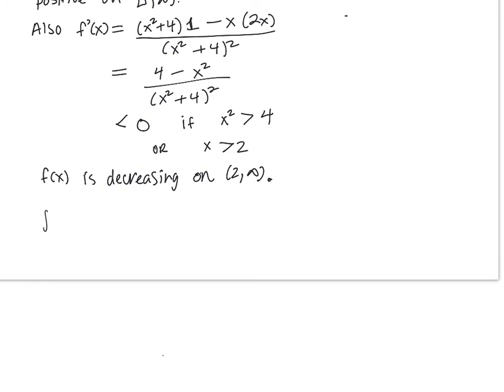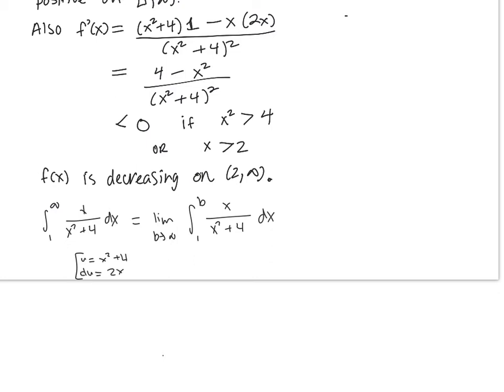So find the integral from 1 to infinity of x over x squared plus 4 dx. So that's the same thing as the limit as b goes to infinity, 1 to b, x over x squared plus 4 dx. Now we're going to make a substitution. I know it's weird, but your bounds get changed. So if you let u equal x squared plus 4, du equals 2x dx.